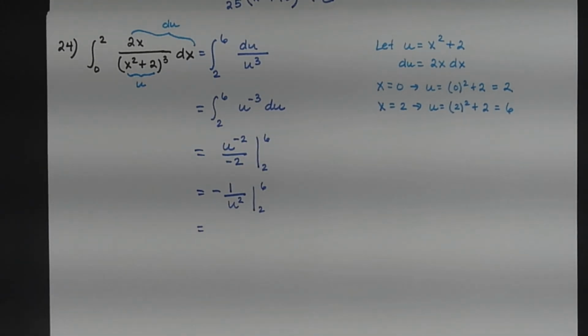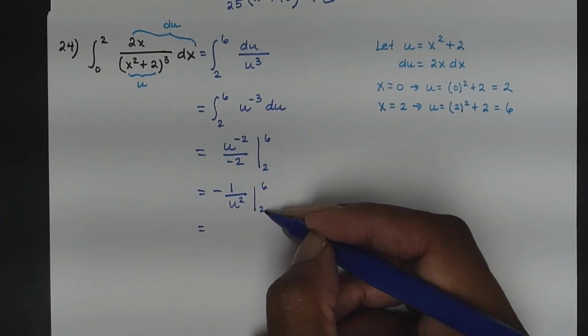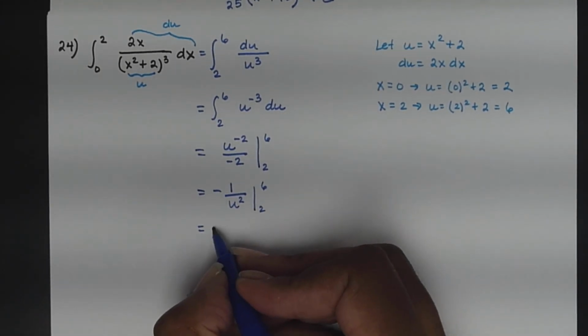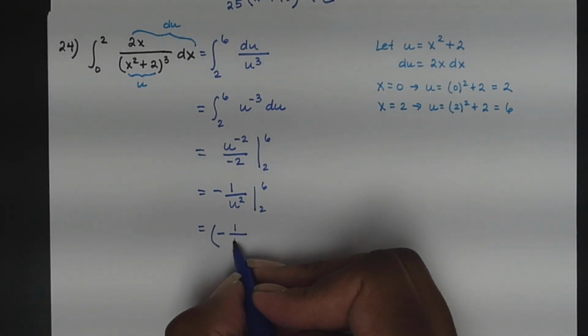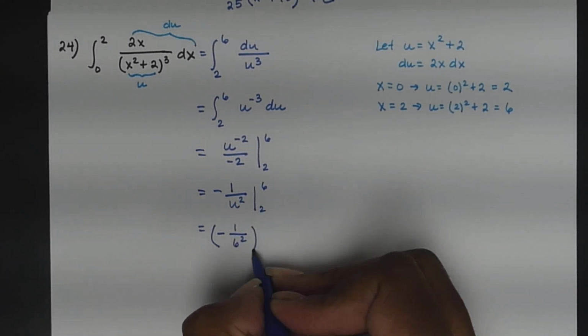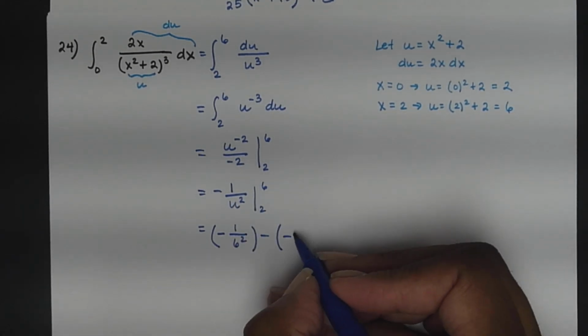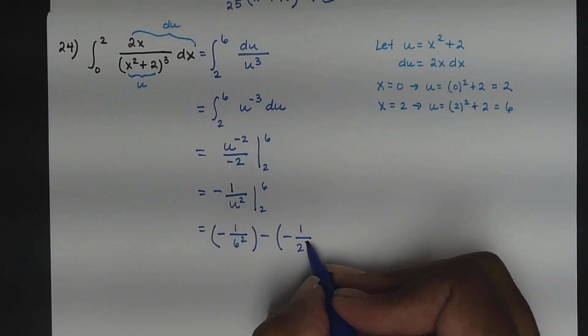And then we're going to do the upper limit minus the lower limit, because these limits are for u, so we can do the substitution right there. So this first piece will be negative 1 over the upper limit, that's 6 squared, minus the negative of 1 divided by the lower limit, that's 2 squared.